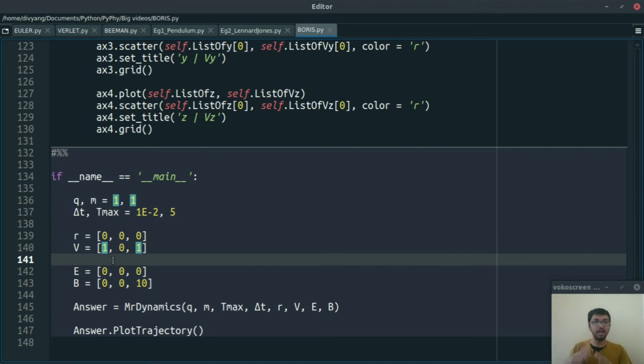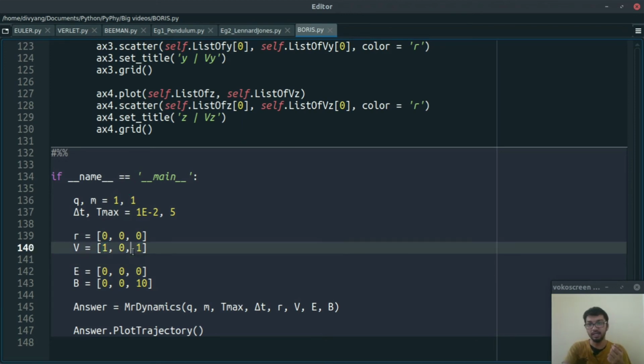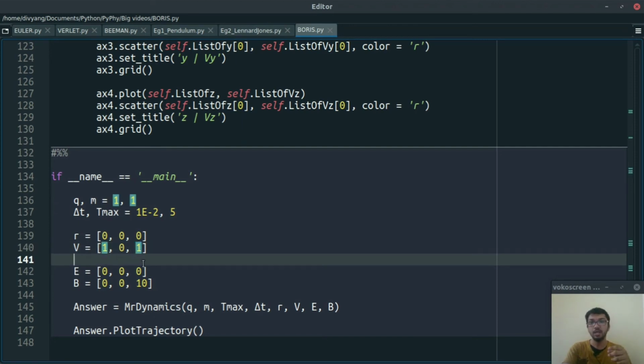This will give rise to a rotation of the charged particle, and here is the second component, a z component of velocity. This will give rise to a vertical shift, right?